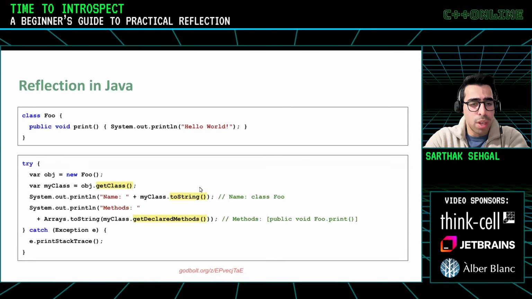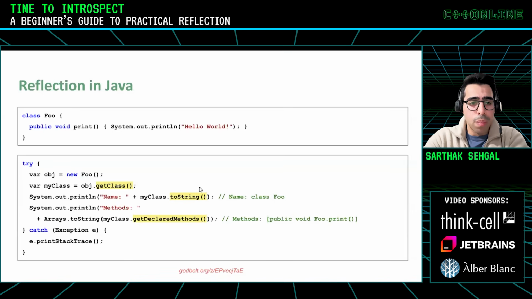Java provides this method for all objects. I can do something similar as in the previous example where I was trying to print the identifier of the enum. In this example, I'm just calling myClass.toString, and it returns the identifier of the class. What it's going to print is on the right side. You can see it's going to print class Foo. Java also provides a simple method to get all the declared methods of a class.